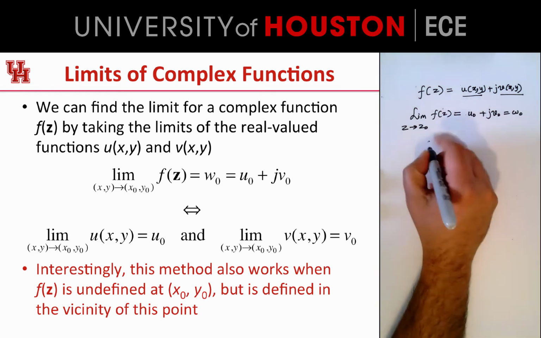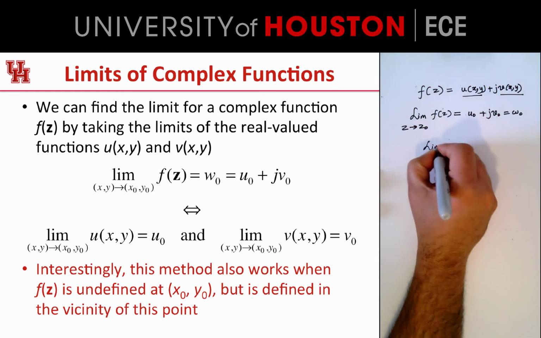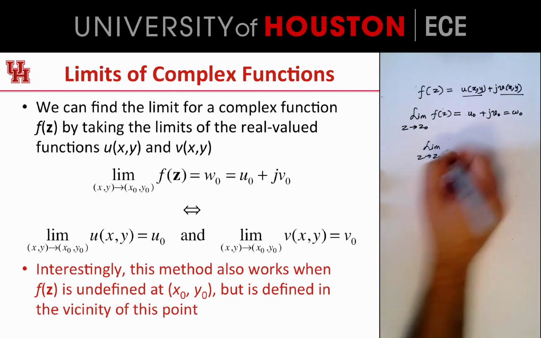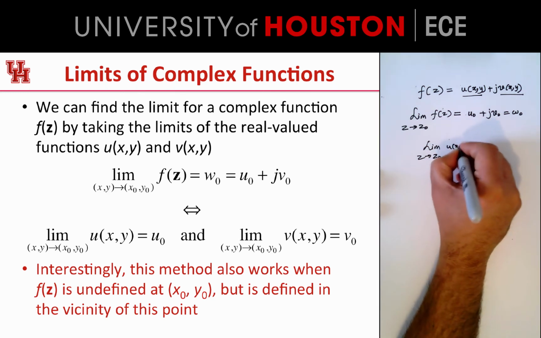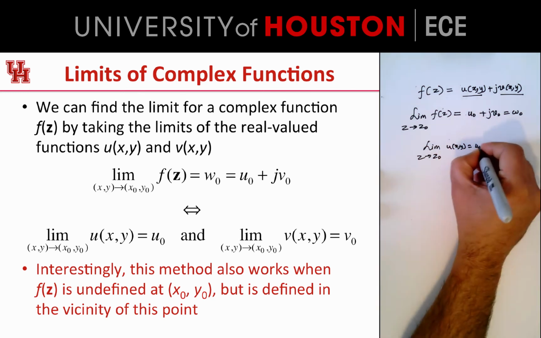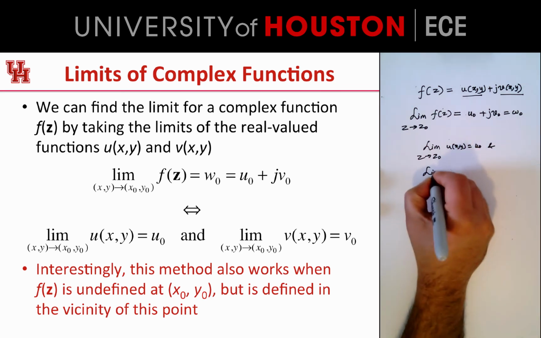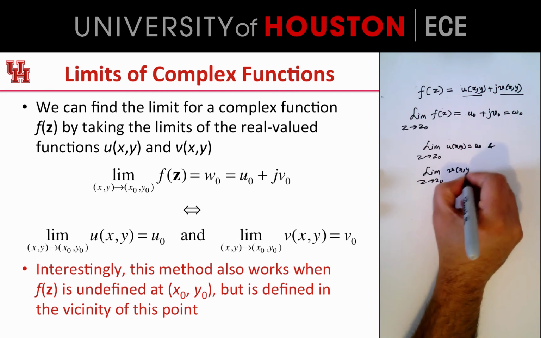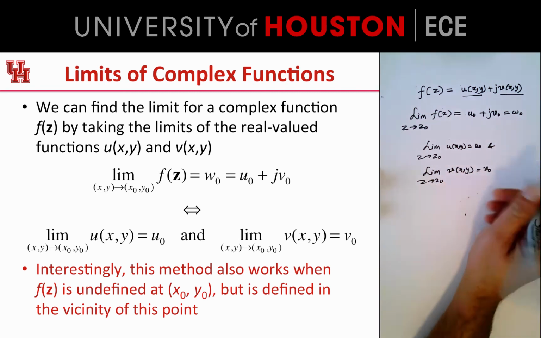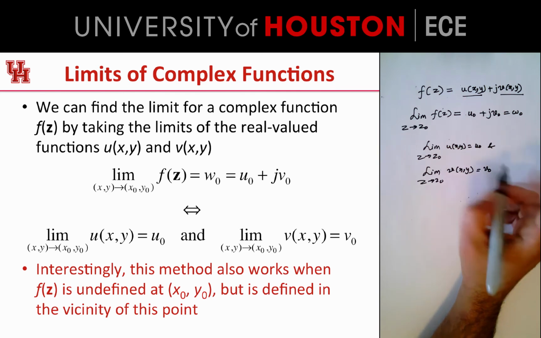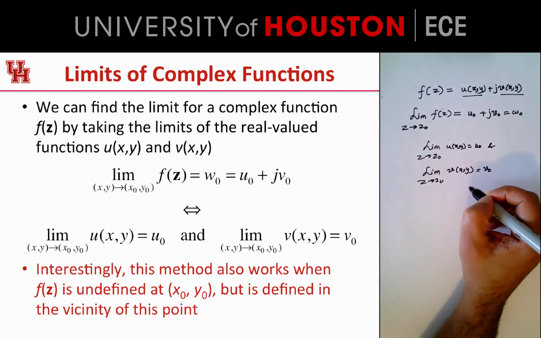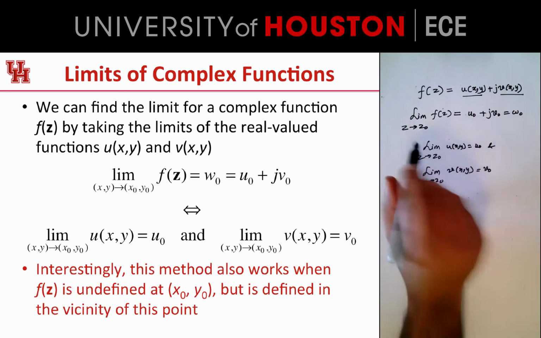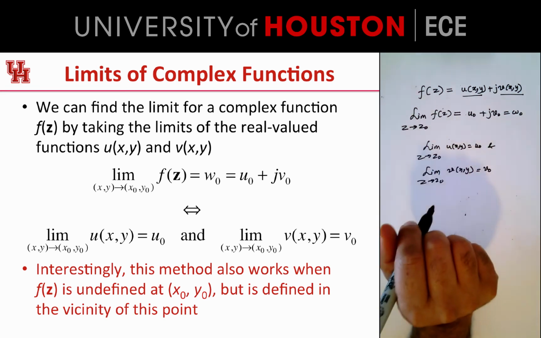In this case, the limit as z goes to z naught of u of xy is u naught, and the limit as z goes to z naught of v of xy is v naught. Now, just like in the example of sine x over x, this approach works even if f of z is undefined at this point, z naught, or x naught, y naught.